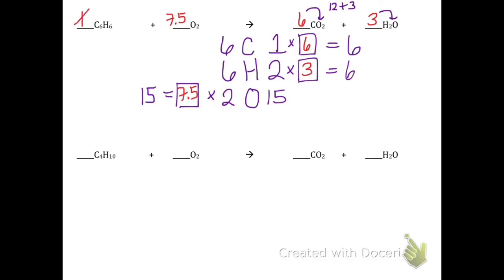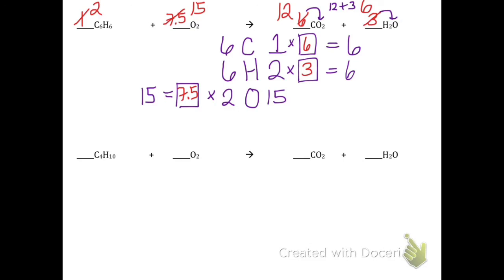So the 1 actually becomes a 2, 7 and a half doubled becomes 15, 6 doubled becomes 12, and 3 doubled becomes 6. Now you have whole numbers. So the answers are 2, 15, 12, and 6.